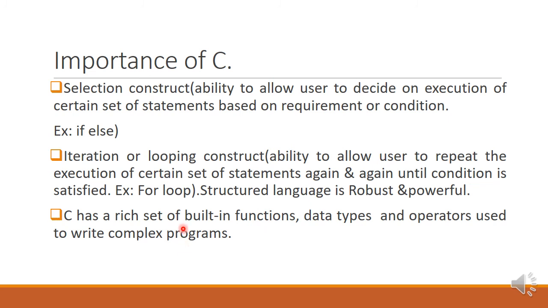The importance of C in detail you are going to study in coming classes. First you are going to study what data types we use in the C language, what the operators are, and how many types of operators there are, in detail in the next classes.